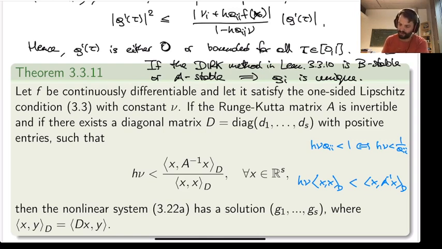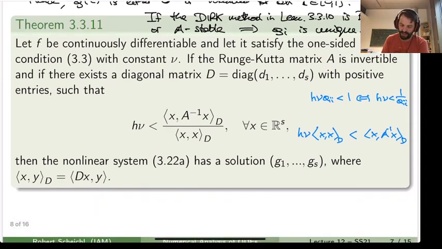We can have an arbitrary implicit Runge-Kutta method with invertible A. Then the nonlinear system 3.2.2a has a unique solution.